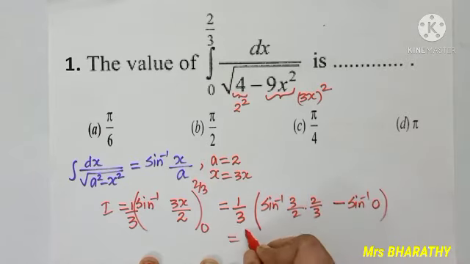As we simplify, 2 cancels, 3 cancels, giving us 1. Sine inverse 1 is pi by 2. Sine inverse 0 is 0. As we simplify, it is pi by 6. Option A is the right choice.